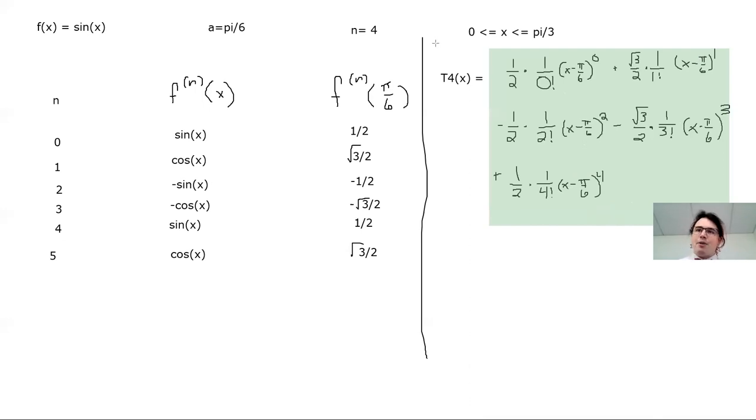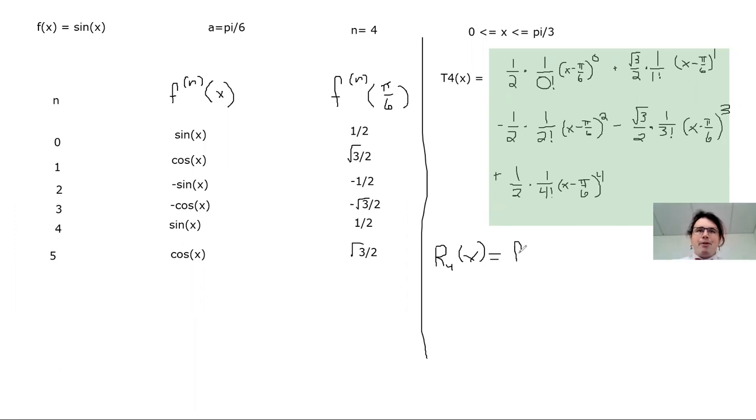Okay, but on that note, let's actually measure the error involved for other values of x. And for this, I'm going to use the Taylor remainder formula. So my number 4 remainder is going to correspond to the number 4 Taylor polynomial.